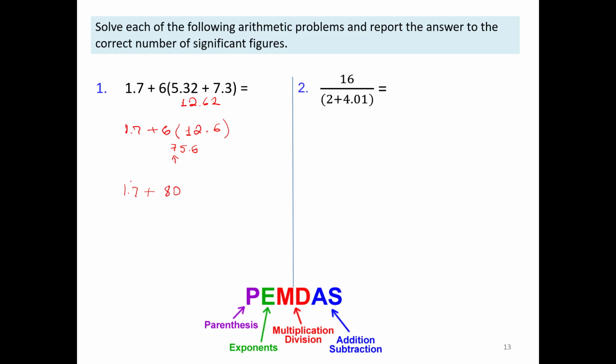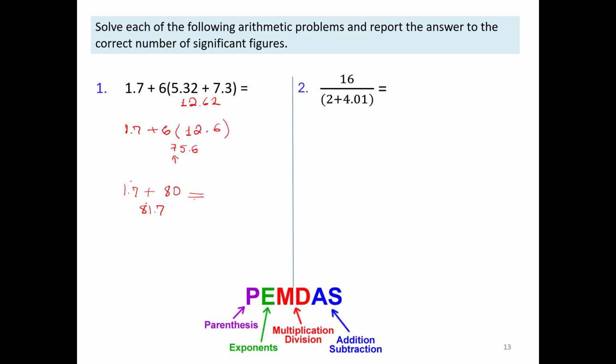Now, if we add these two numbers, the answer will be 81.7. But let's write it with the correct number of significant digits. We have 1 decimal place and 0 decimal places, so the answer must have 0 decimal places.